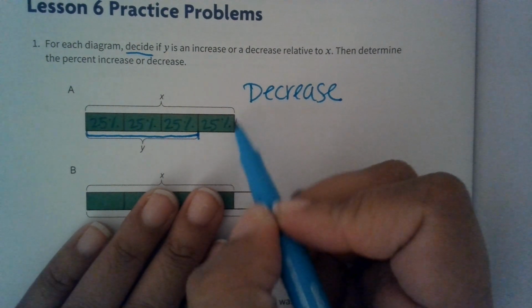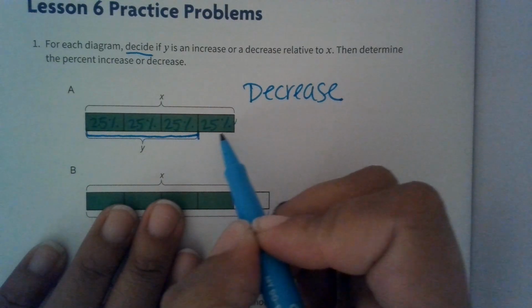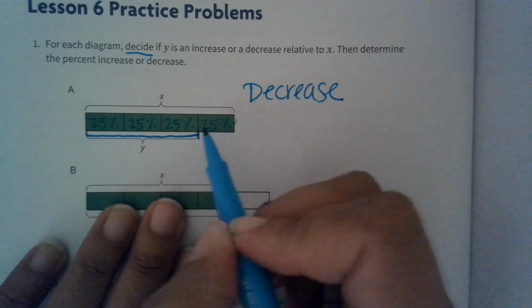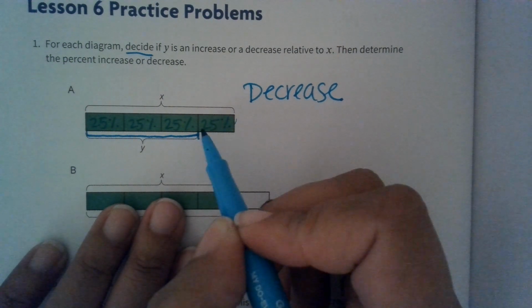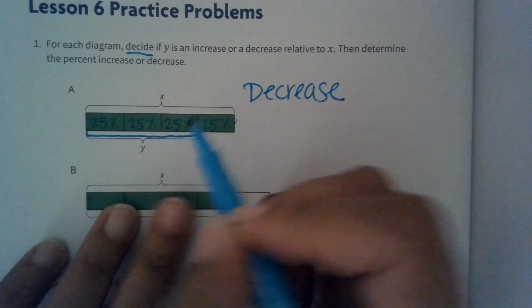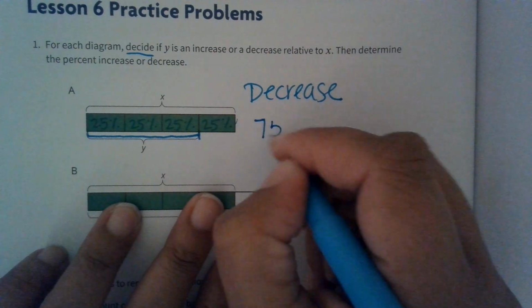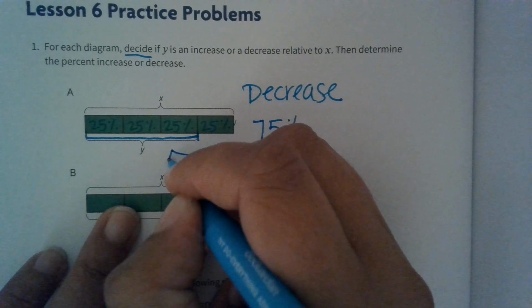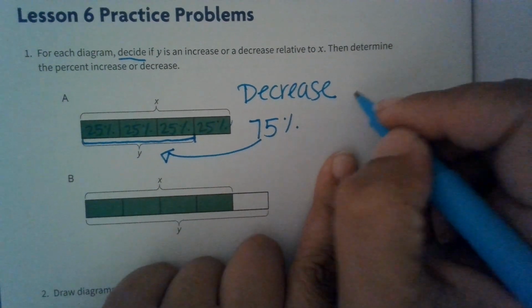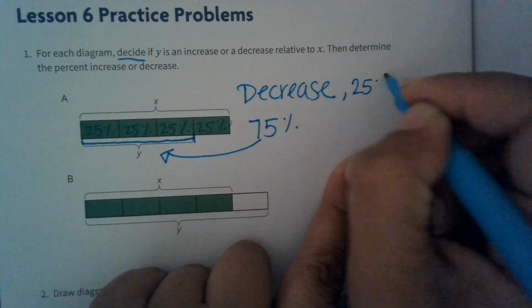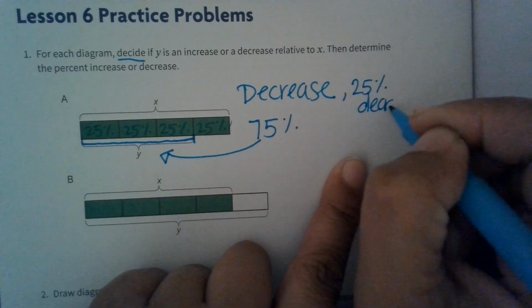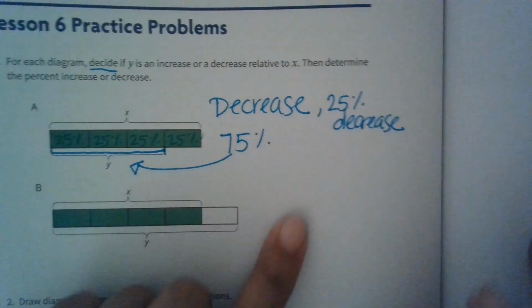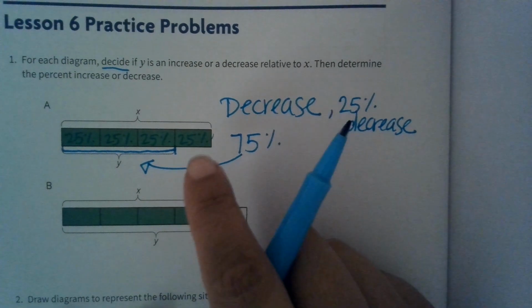So if I went from 100 and I dropped 25% of that piece, meaning I don't need this piece, well, that's 25, 25, 25. That's 75% total for here, meaning it is a 25% decrease. That means I went down 25%.